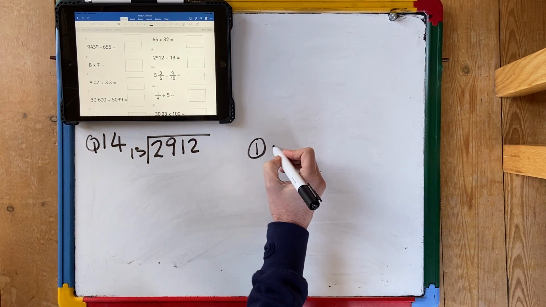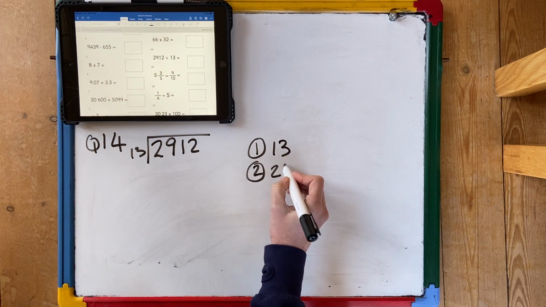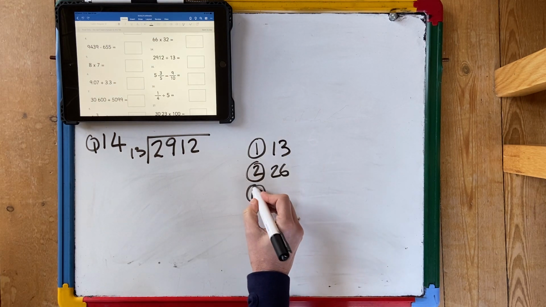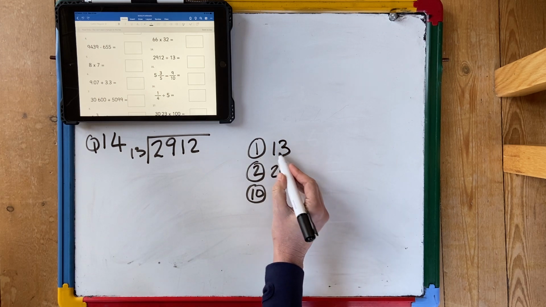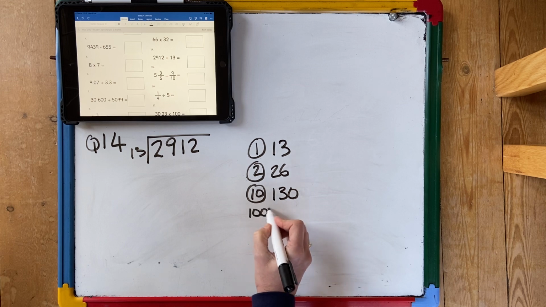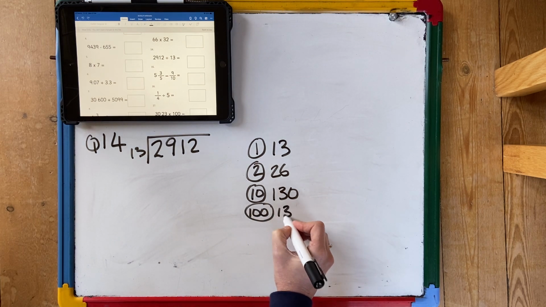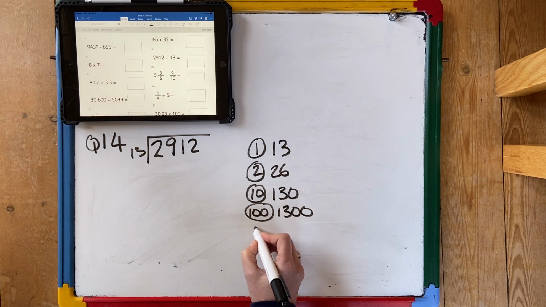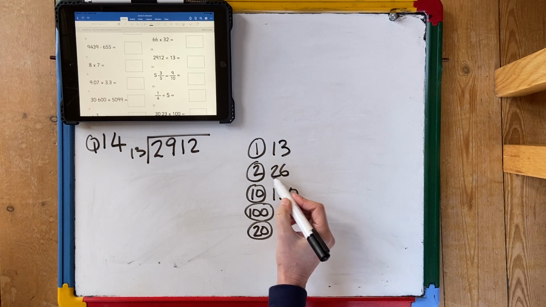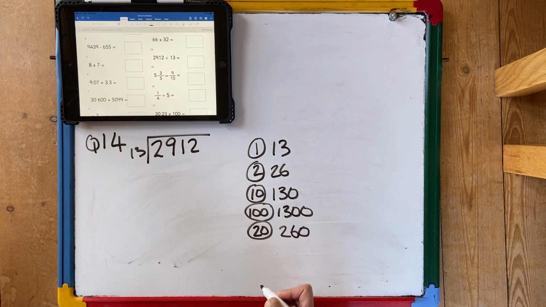So 1 times 13 is 13. 2 times 13, double that, 26. 10 times 13, multiply that by 10, 130. 100 13s, times it by 10 again, 1,300. 20 13s, well 2 13s is 26, so make that 10 times bigger, 260, and so on.